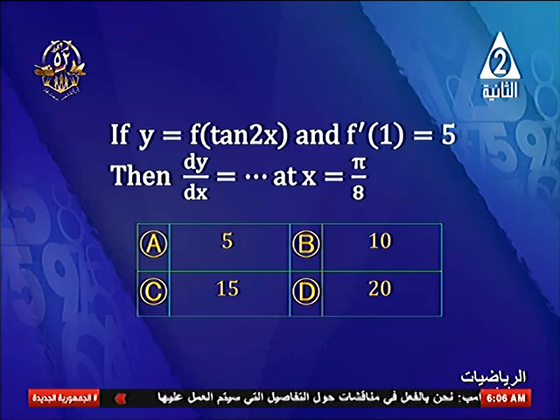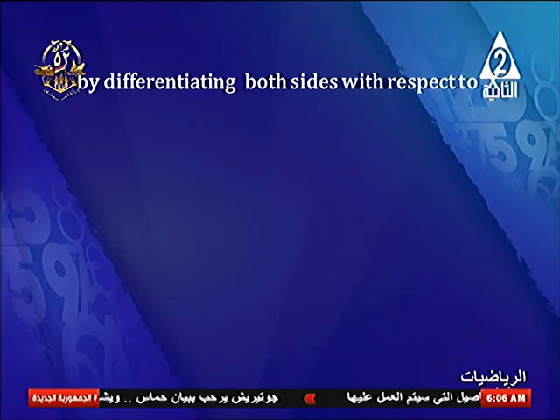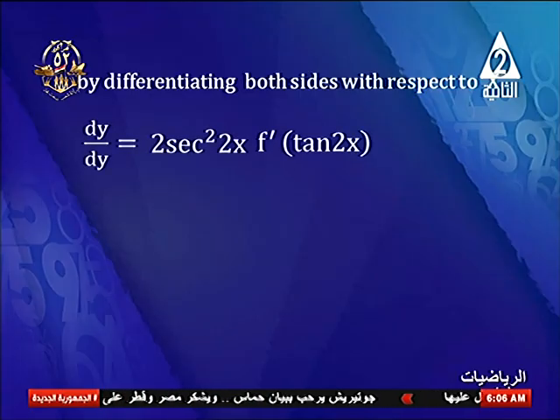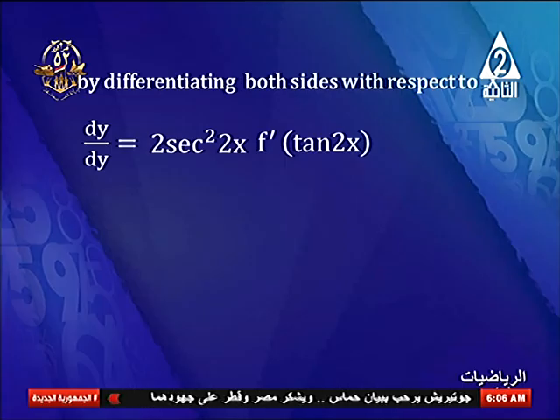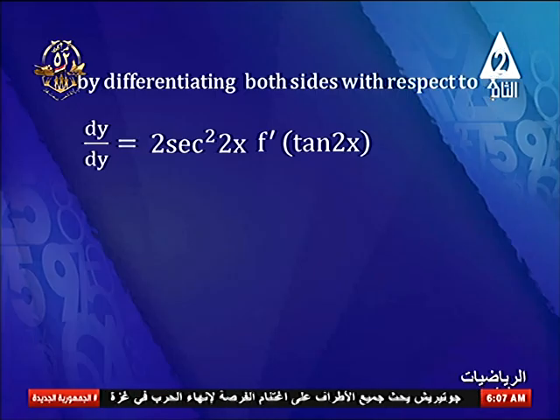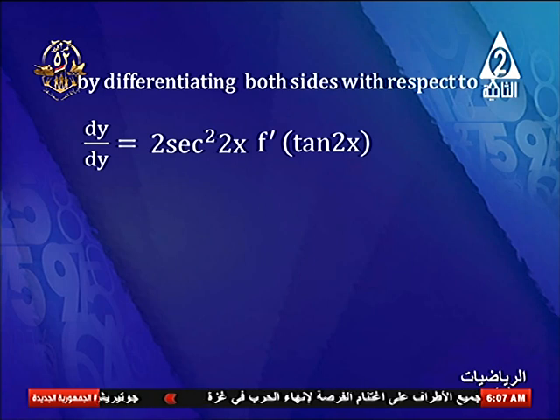Look at the solution. By differentiating both sides with respect to x, we know dy over dx equals sec square 2x multiply derivative of tan 2x.